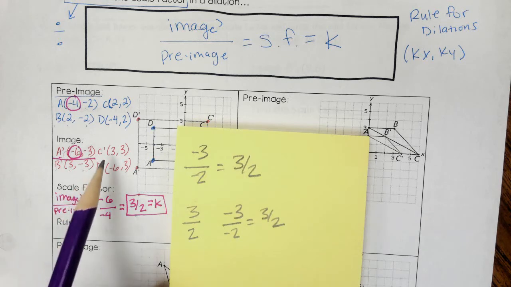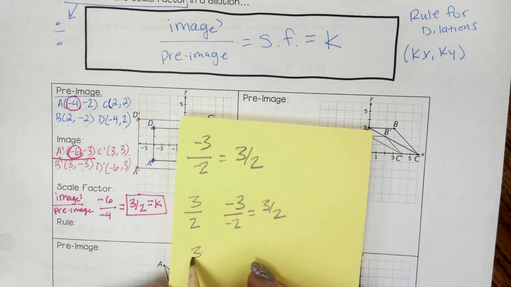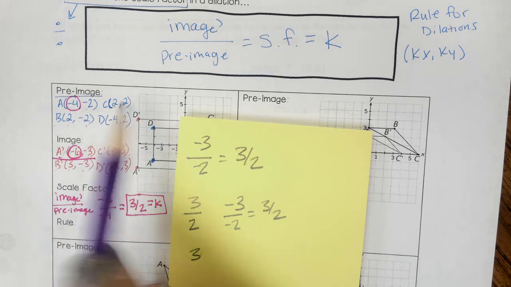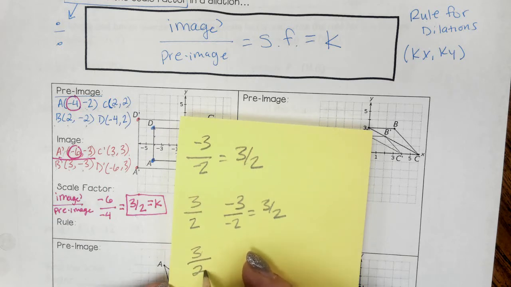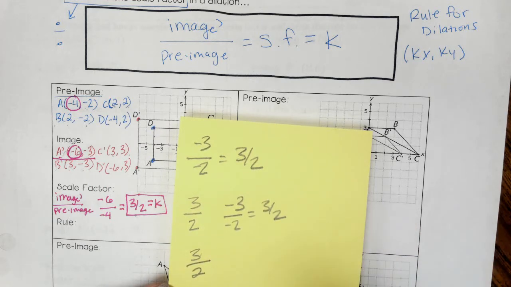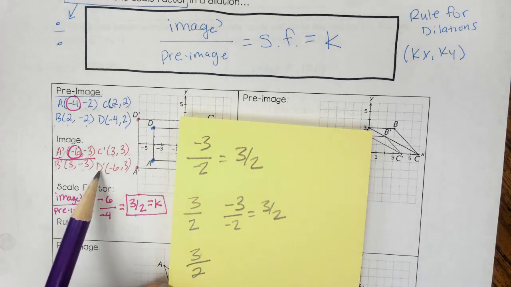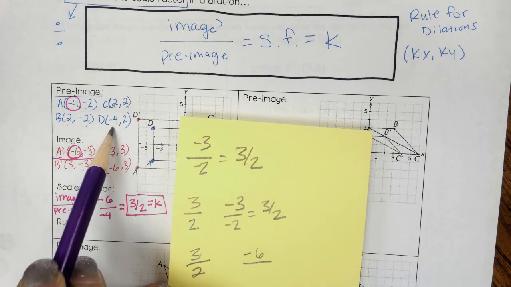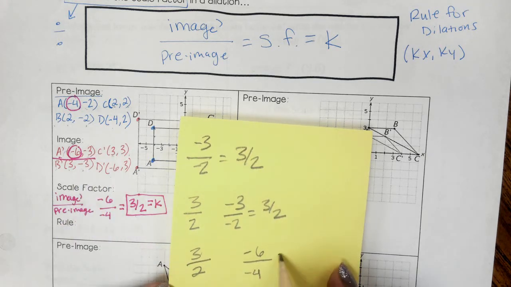If we had picked any of the numbers from C, they're both the same, we would have gotten 3. If we used the corresponding matching number from C, we would have had a 2. 3/2 is the same as 3/2. If we used the x value from D prime, we would have used -6 over the x value from D, which is -4, which reduces to 3/2.